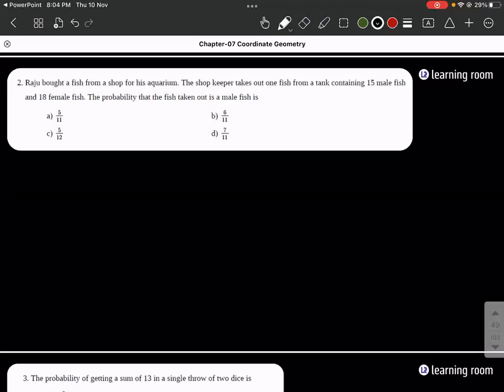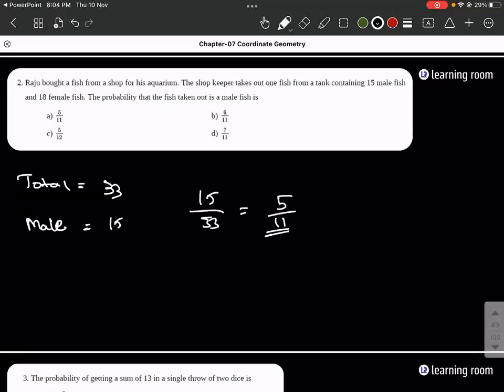The total number of fish is 33. So male is 15, so 15 divided by 33, divisible by 11, so it is going to be 5 divided by 11. Is there an option? Option A.